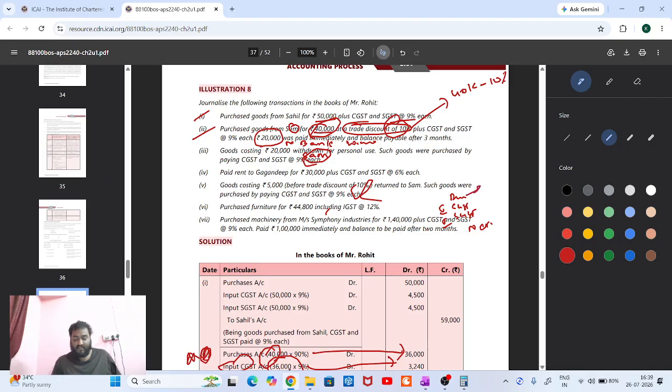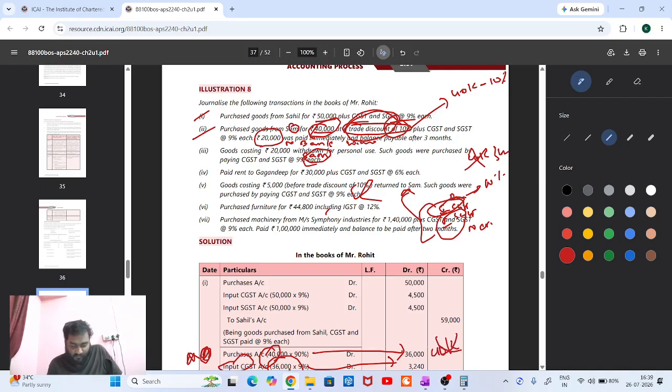For purchases, there was a trade discount here, so we reduced it by 10%. For input CGST and SGST also, we do it based on the trade discount, not on the 40,000 but on the 36,000. If you want, you can write 40,000 here and cancel it.